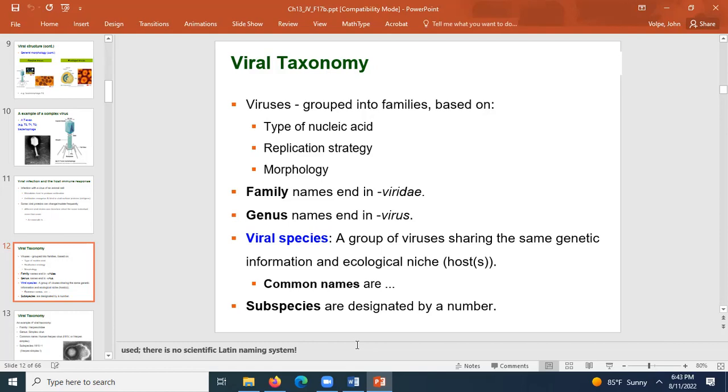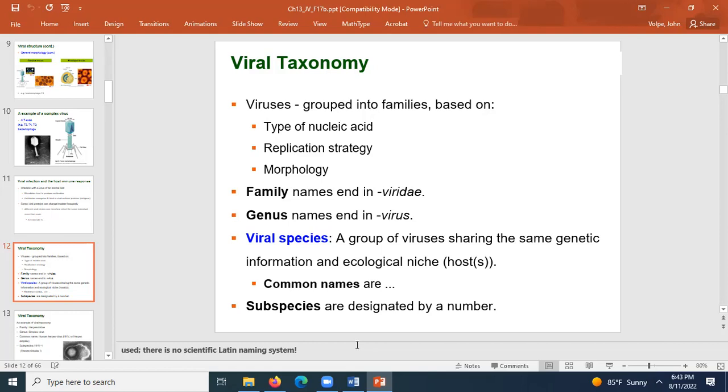What is a little surprising is another subspecies of the poliovirus we use as a vaccine to prevent humans from getting the disease polio, meaning one subspecies is a live virus that we use to vaccinate people against getting polio.